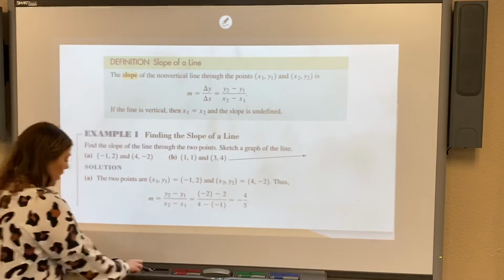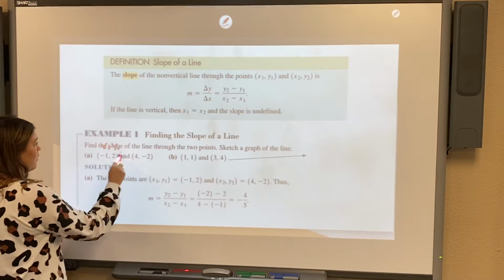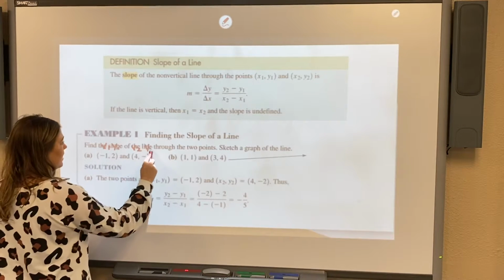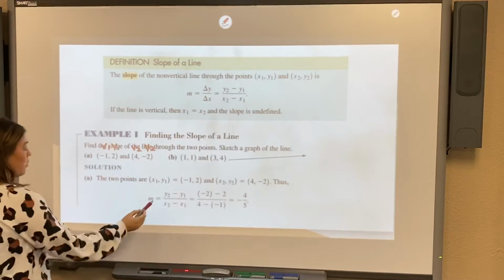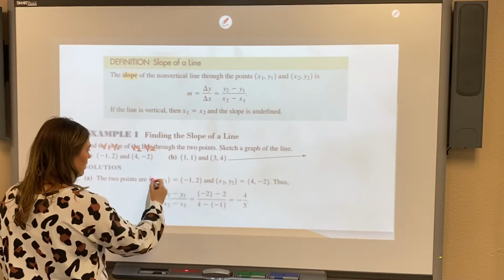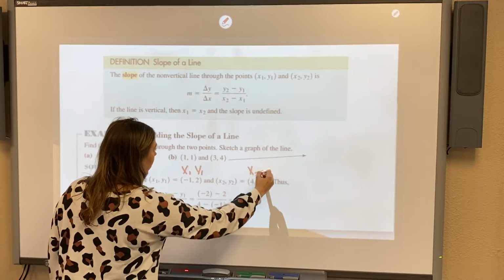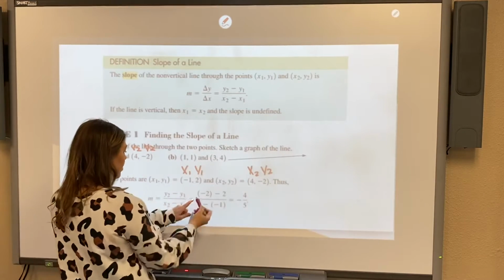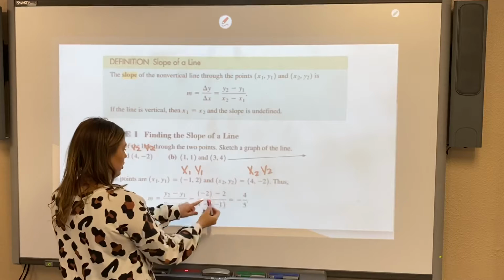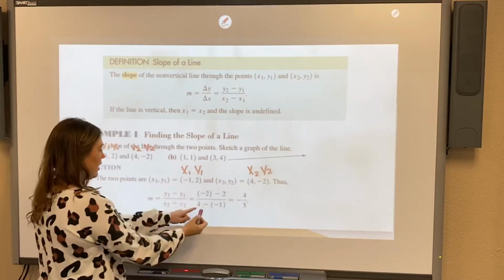Whenever you have 2 points, I like to label them x1, y1, x2, y2. So we plug these into our formula. We have y2 minus y1, so negative 2 minus 2, over 4 minus a negative 1.